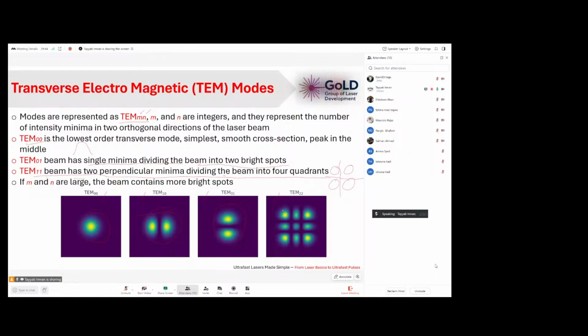Then after 11 it can be 21, 12, and if you have 22, you can see almost 9 patches there.